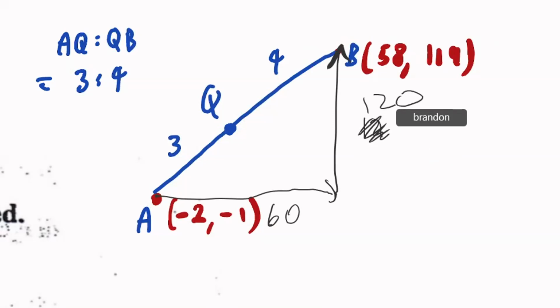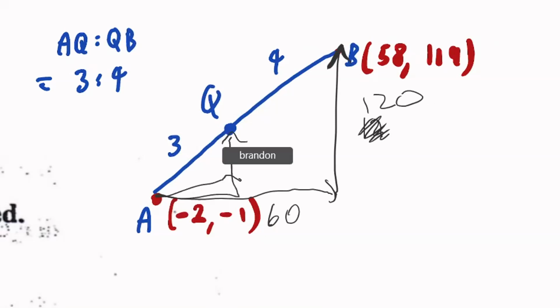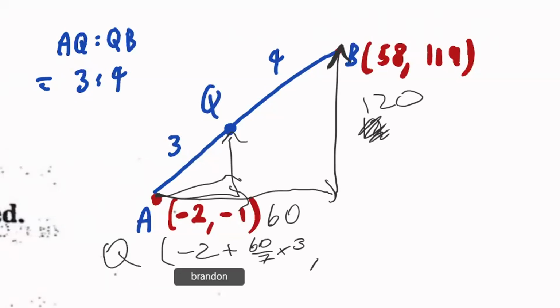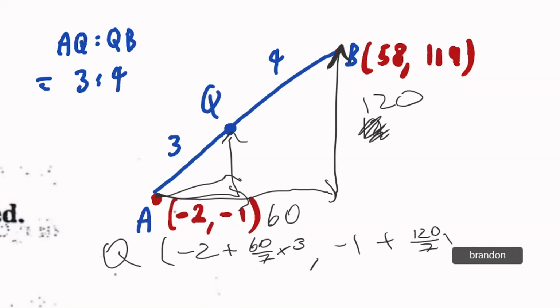Good. So from here to here will be -2 plus 60 divided by 7 times 3. And for the y, it will be -1 plus 120 divided by 7 times 3.